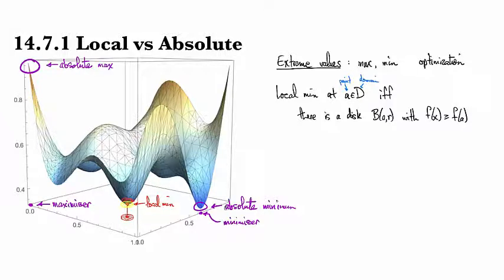And this notation right here, this is the ball of radius r centered at A. And if you want to get really fancy, the definition is that it's the set of all x's such that the distance from x to A is less than r.